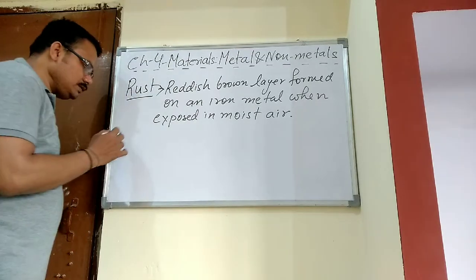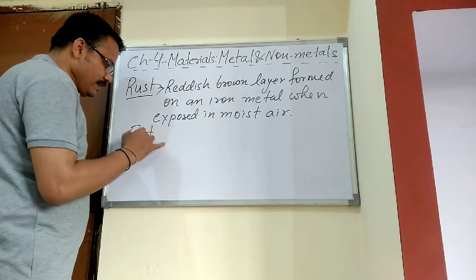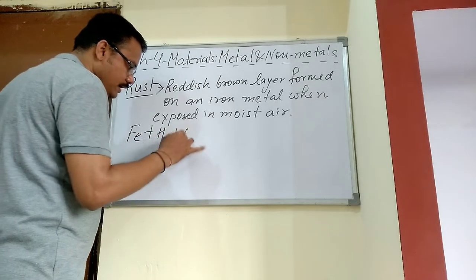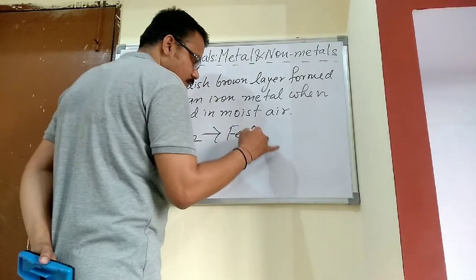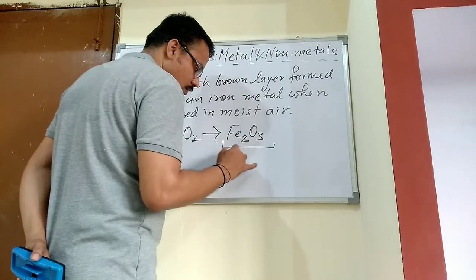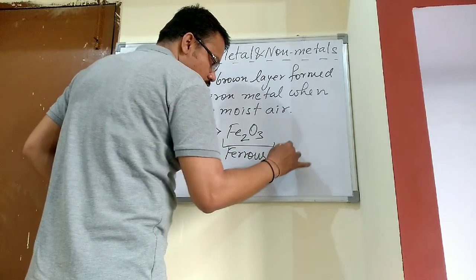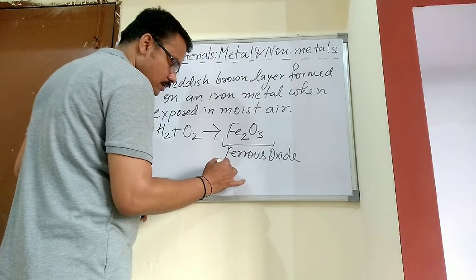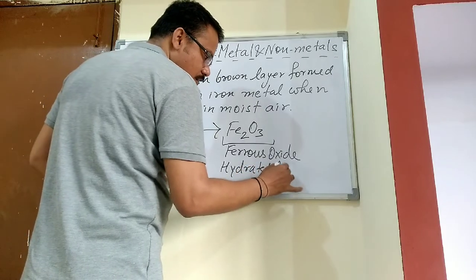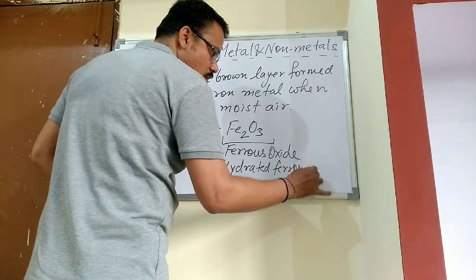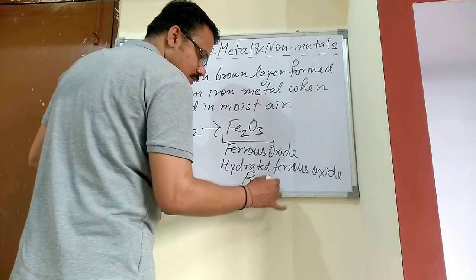So in that case, students, when iron, that is Fe, reacts with H2O and O2, it forms ferrous oxide. It is also known as hydrated ferrous oxide, which we call by the common name rust.